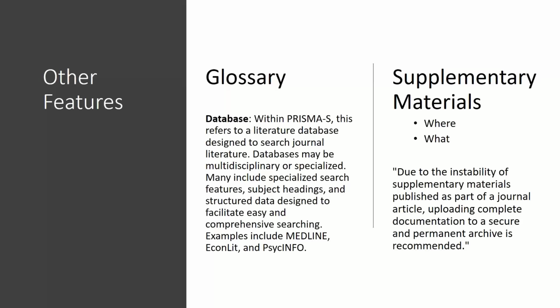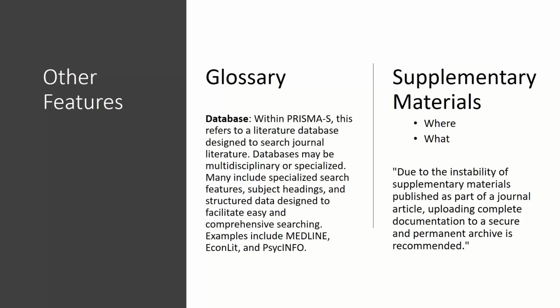The other part that we have that's another little addition to PRISMA-S is a section on developing supplementary materials. Supplementary materials are very important to reporting literature searches accurately, because of course you can't report all of the details of searches within an actual manuscript.